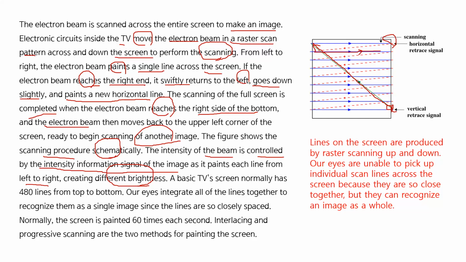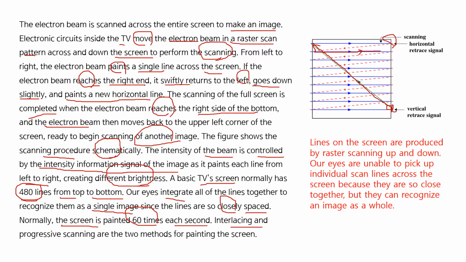A basic TV screen normally has 480 lines from top to bottom. Our eyes integrate all of the lines together to recognize them as a single image since the lines are so closely spaced. Normally, the screen is painted 60 times each second.